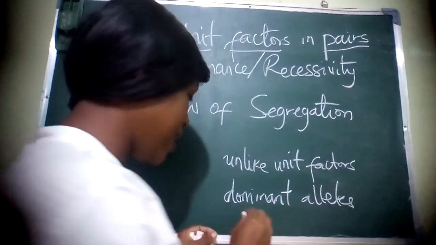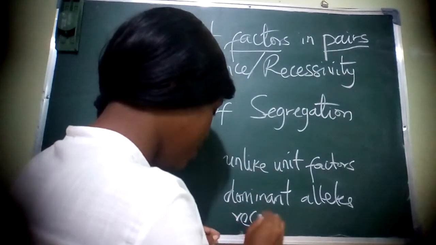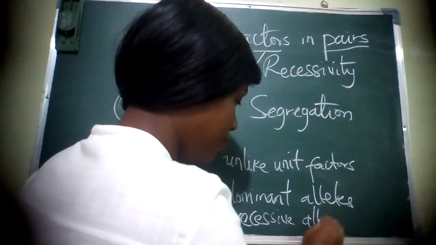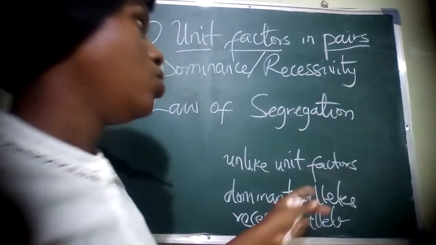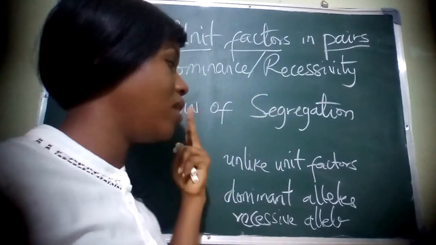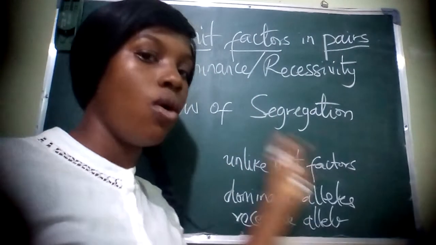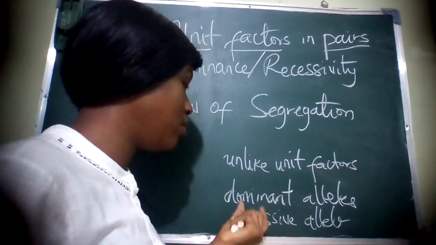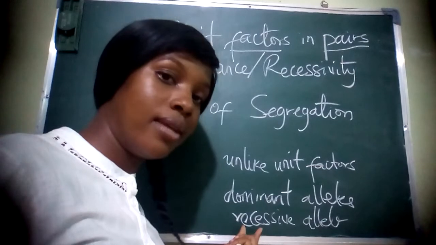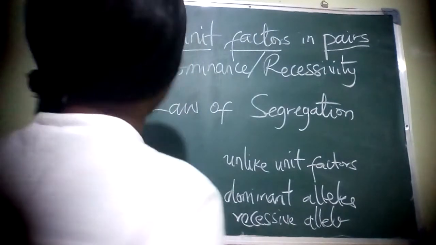And then the other, which is masked, is called the recessive allele. So that's for dominance and recessivity. When they are unlike unit factors, one is most times dominant over the other, and the one that is not dominant is called the recessive allele.